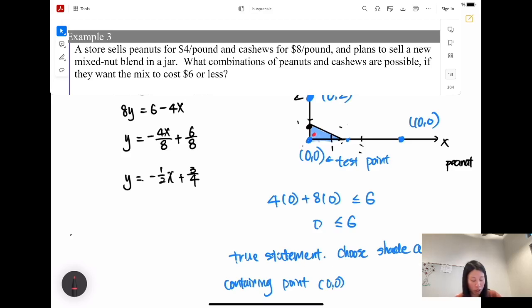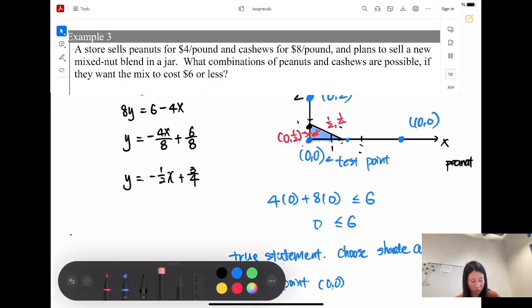$6. For example, in this point, this is 1/2 and 0, right? 0 and 1/2 for this point on the line. So that means if you put 0 pounds of peanuts and 1/2 pounds of cashew, the total cost of the jar is going to be less than 6. Or any point in here, let's say 1/4 and 1/2.